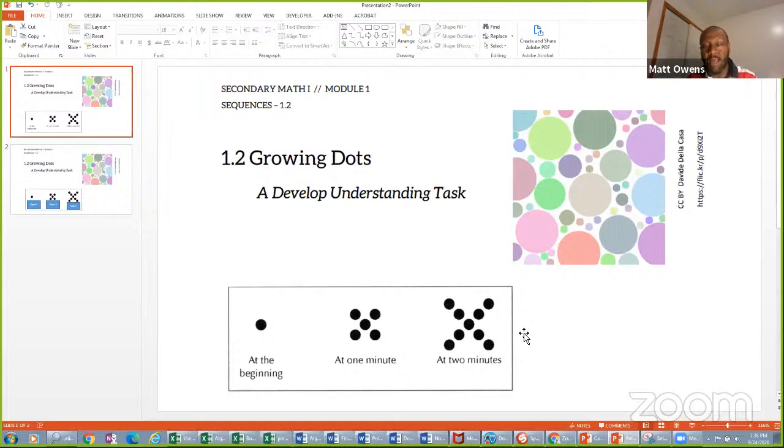And again, it's the same thing again, input, output. So in this case, I am looking at the beginning as probably like a t equals 0 moment. And at the first minute, I'm looking at probably like time being 1 minute and 2 minutes time equaling 2 minutes.